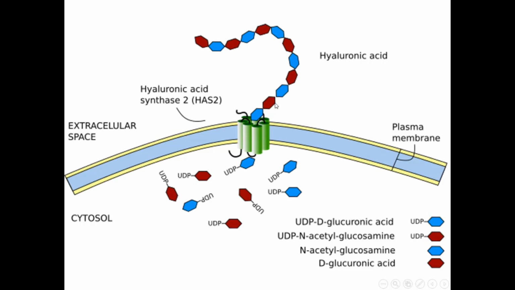It isn't produced inside of the cells. But other GAGs are synthesized inside the RER and completed in the Golgi, and then the cells secrete them outside by exocytosis. But hyaluronic acid is directly synthesized outside of the cells.